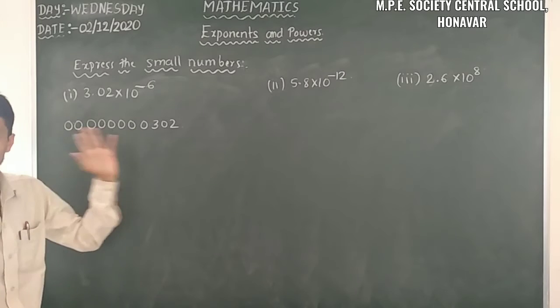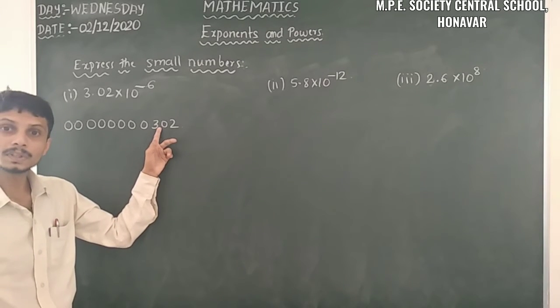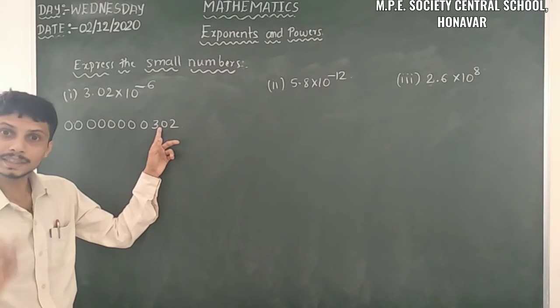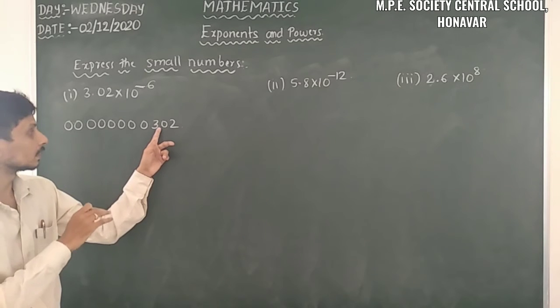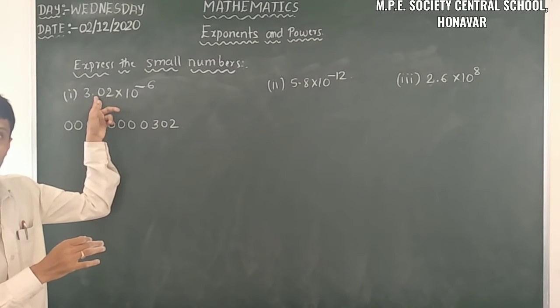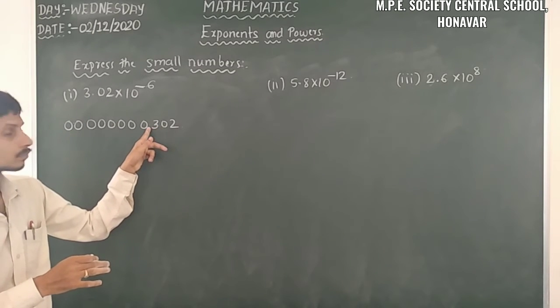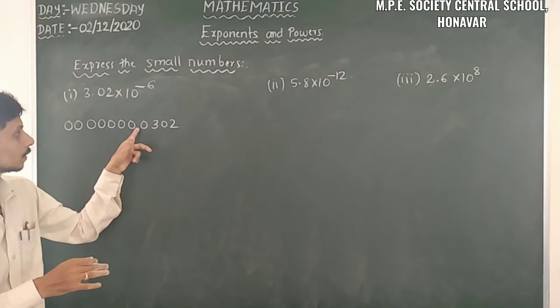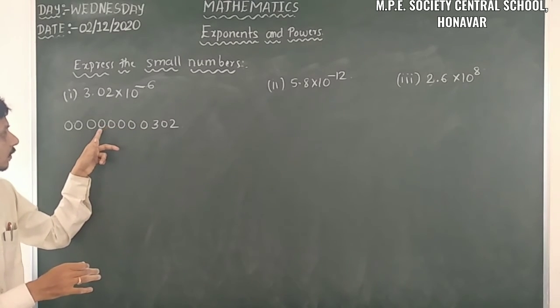Here is the decimal point. You have to jump the decimal point 6 times to the left side of this 3. Here we have to start: 1, 2, 3, 4, 5, then 6.